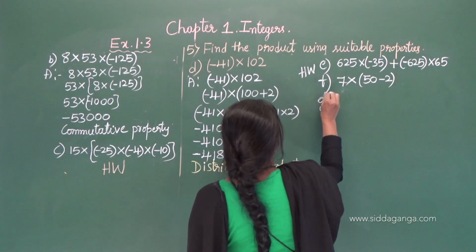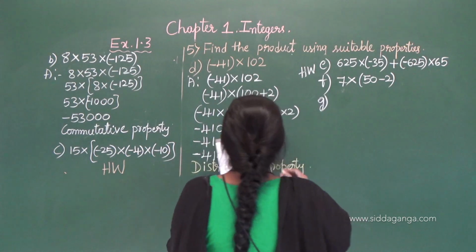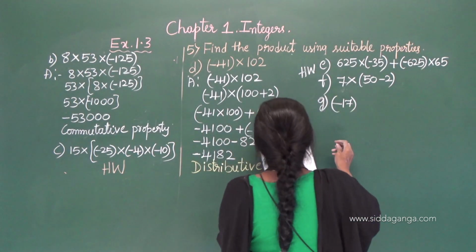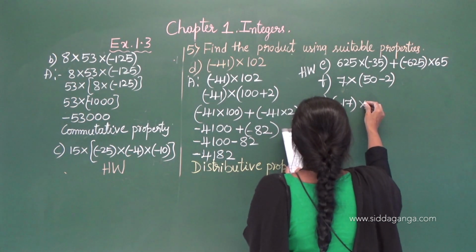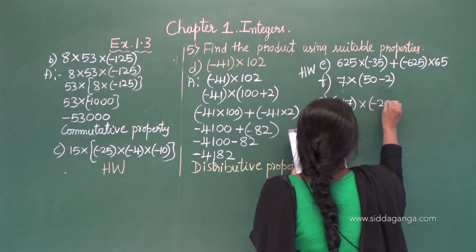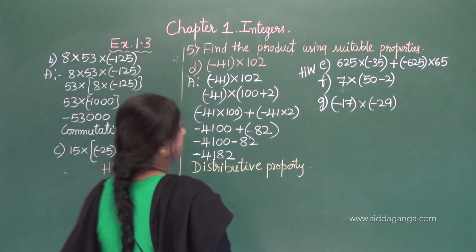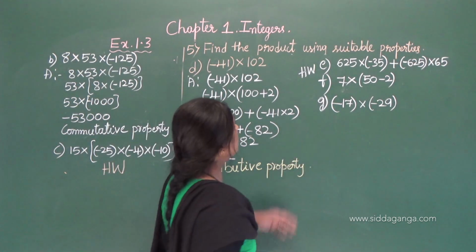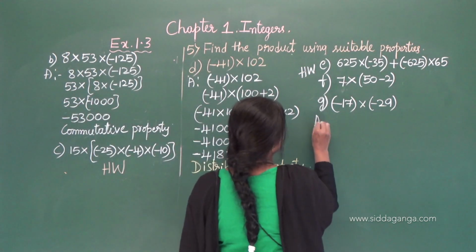I go to G. Okay, this G1 is minus 17 into minus 29. You can directly multiply 17 with minus 29. Otherwise, the question says to use a suitable property, then we have to do like this.